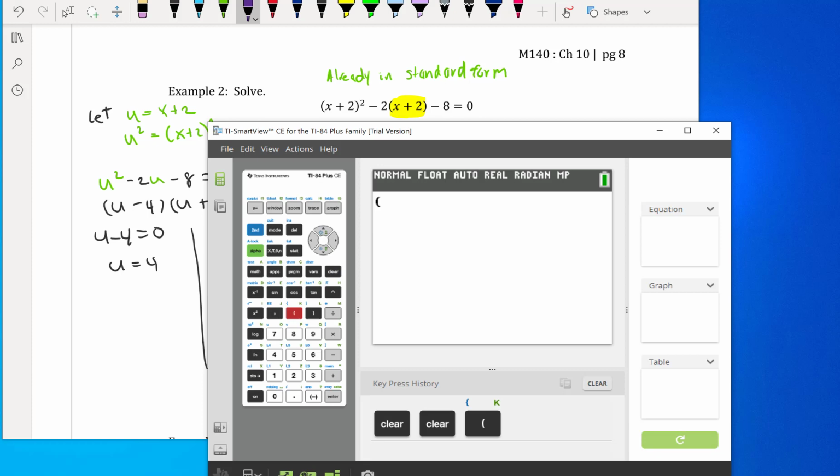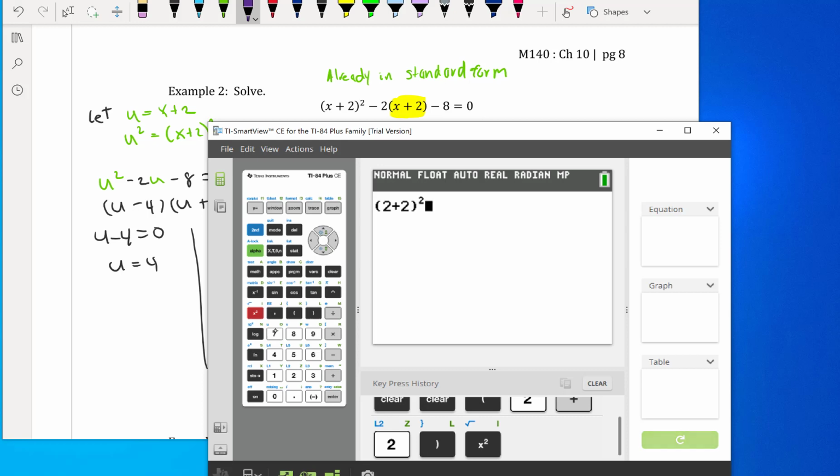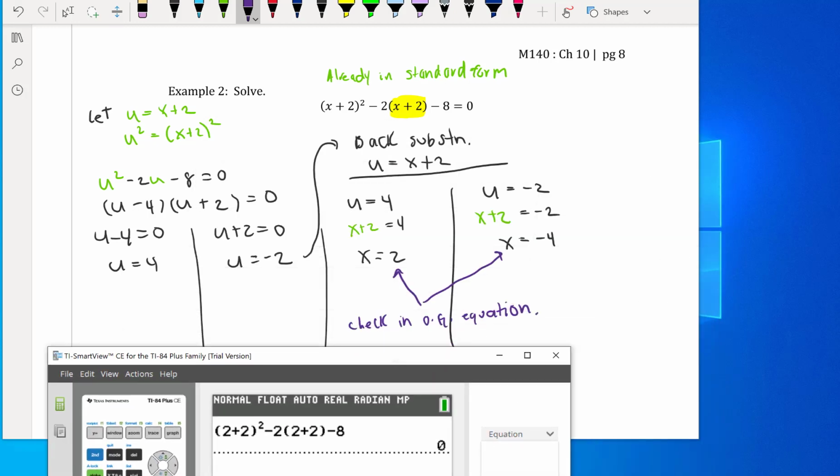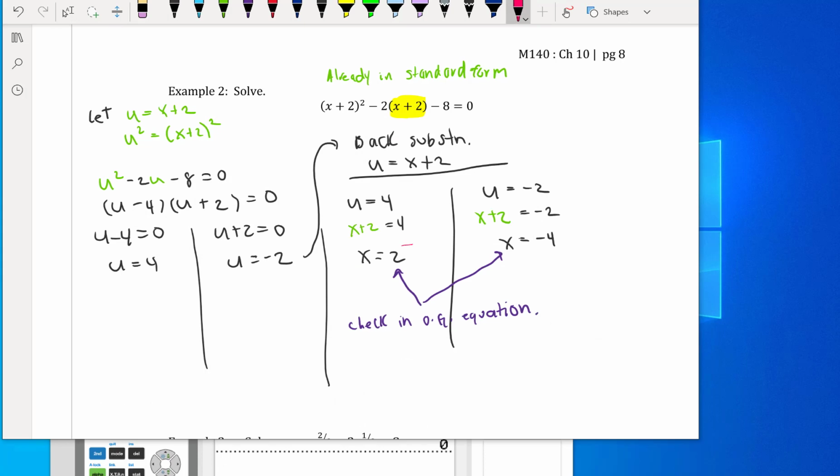So I have my parentheses, 2 plus 2 parentheses squared minus 2 parentheses 2 plus 2 minus 8. And that is what I'm plugging in for x is equal to 2. And let's see if that's going to equal 0. It does equal 0. So that tells me that this answer is a good answer.